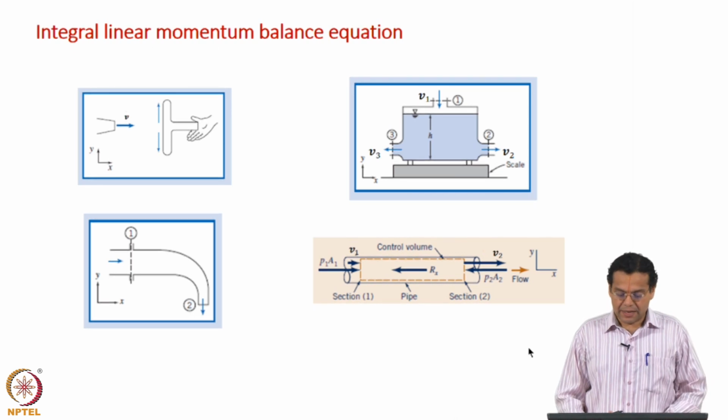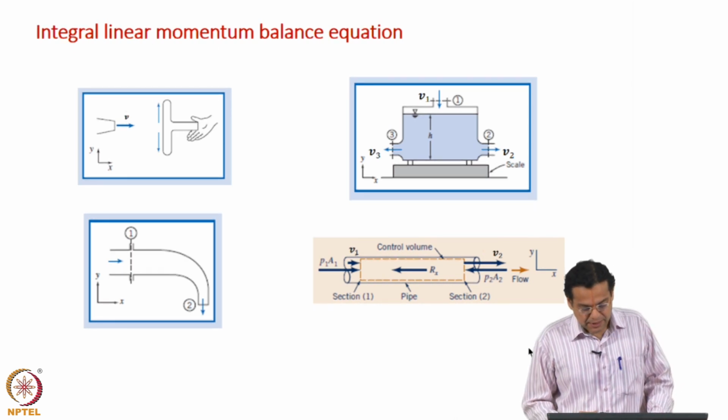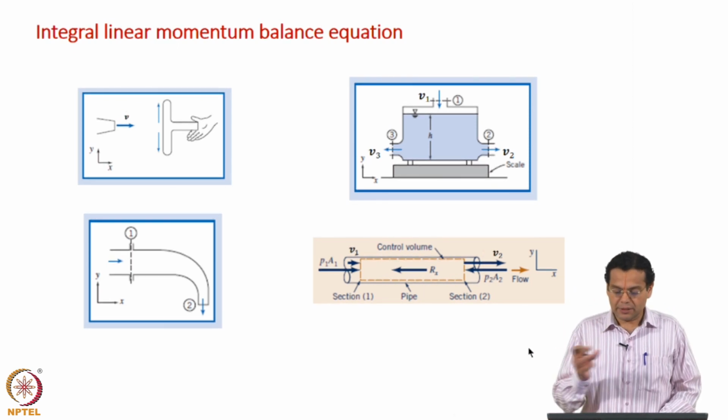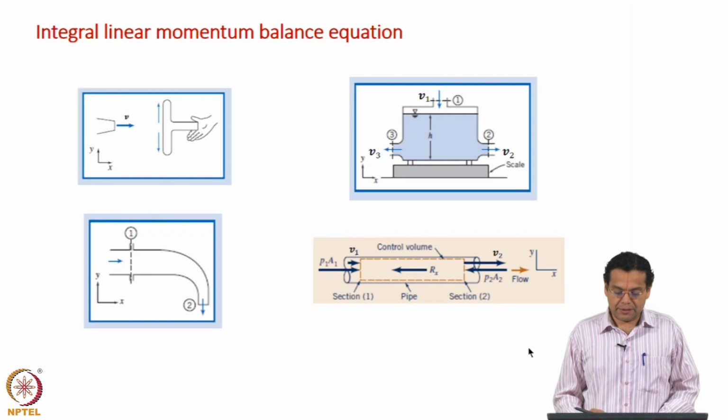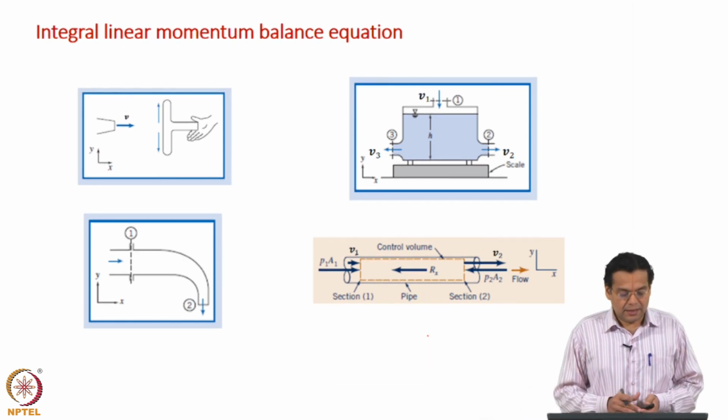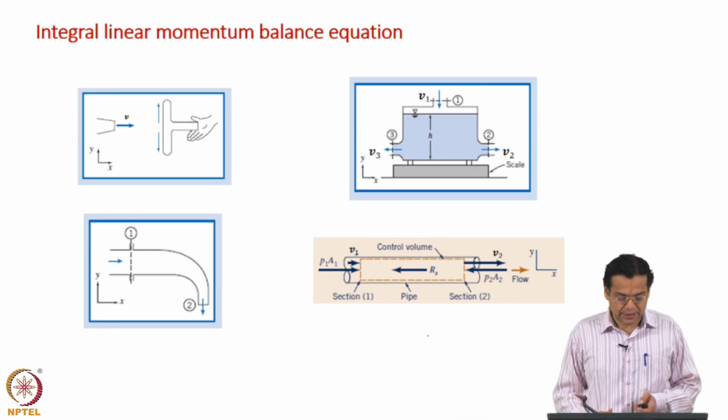And another example is the flow of, let us say, air or water through a pipe, and there is loss in pressure because of friction between the fluid flow and the wall. So, how do you evaluate that frictional loss or frictional force based on measurement of the pressure drop and other variables? Those are the applications which we will be seeing at the end of this integral balance equation.